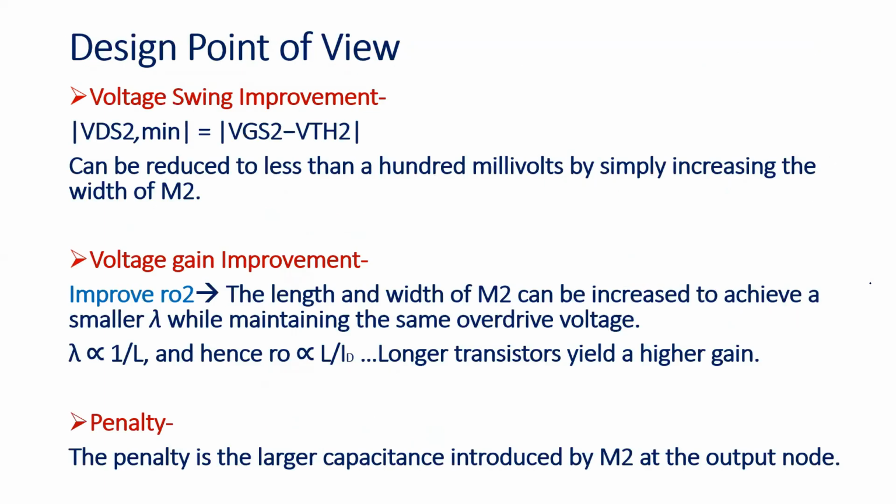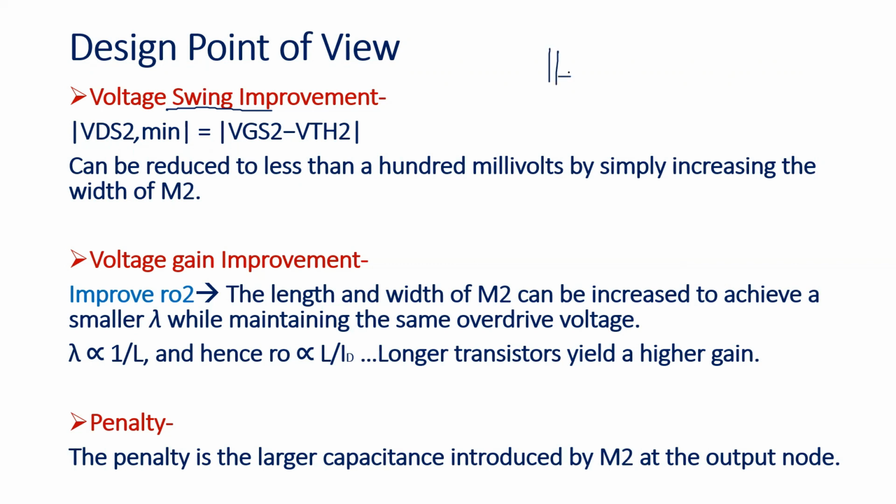Now, from the design point of view, with this particular design we have improved and maintained the voltage swing. I already mentioned this here, because what is the voltage swing?